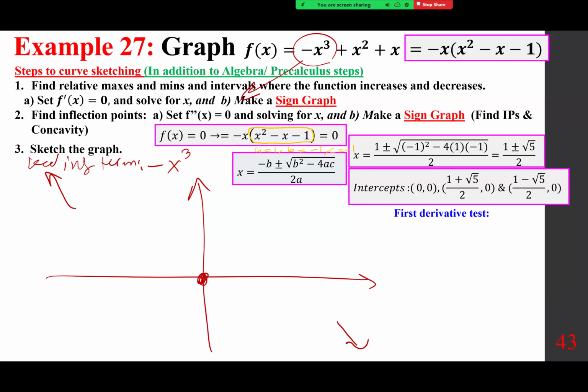So let me say this one is roughly, and it's not perfect, 1.6, 0, and that makes this one, 1 minus that divided by 2, roughly minus 0.60. I'm doing this for the sake of the graph. If I have 1 here and 2 here and minus 1 here and minus 2 here, then I use a different color and say this is 0, 0, and this is roughly 1.60 here and minus 0.60 here, and here's my end behavior.